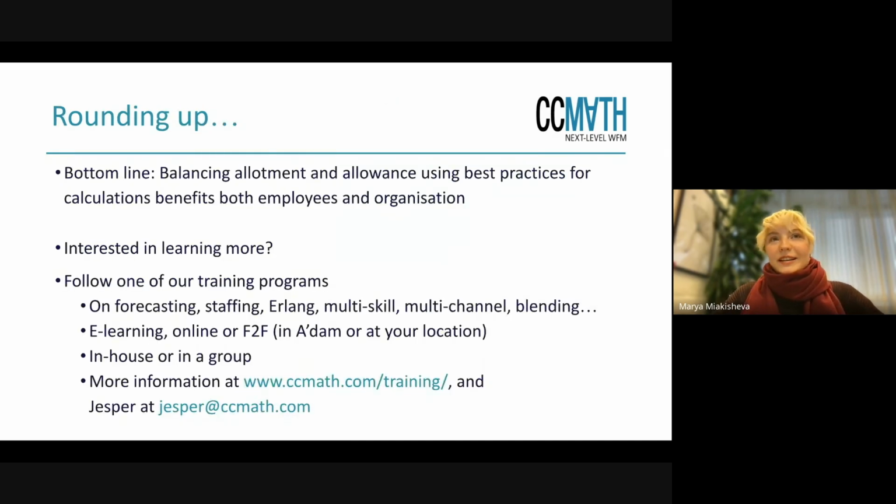Rounding up, it's very important to balance allotment and allowance to get the best results for both employees and the organization. Employees get fairer time off requests approvals, and the organization gets their service targets protected.